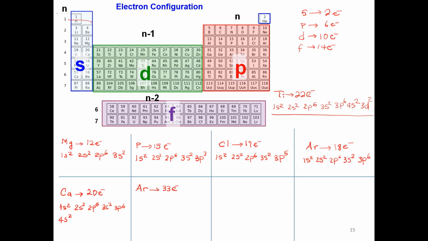And we have 1s2, 2s2, 2p6, 3s2, 3p6, 4s2.